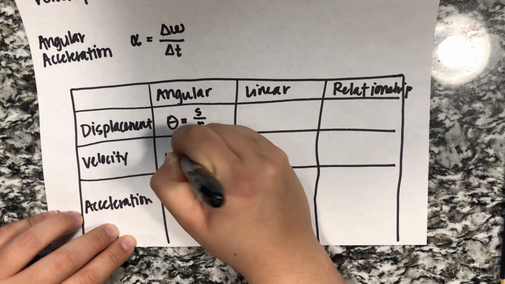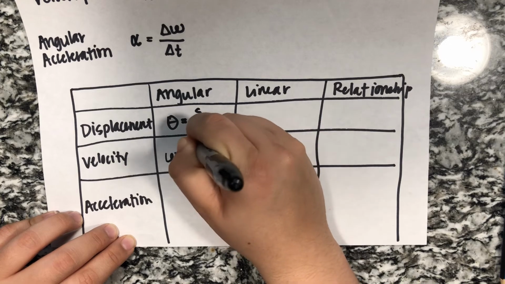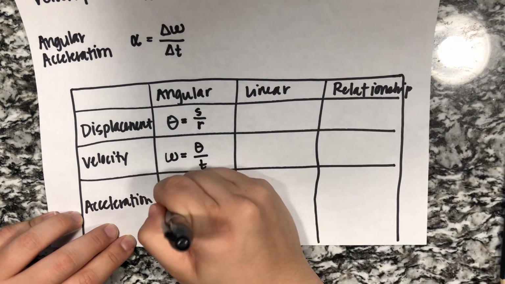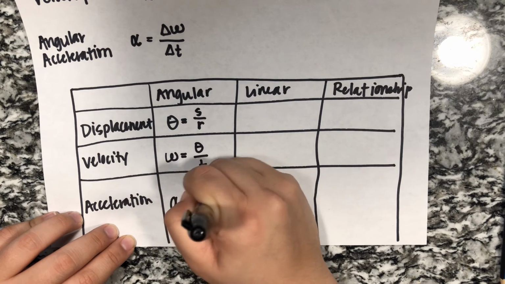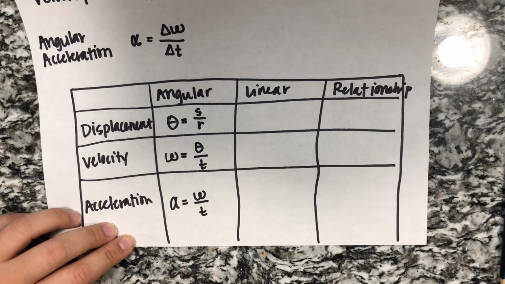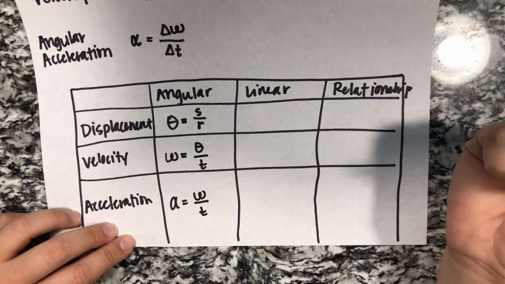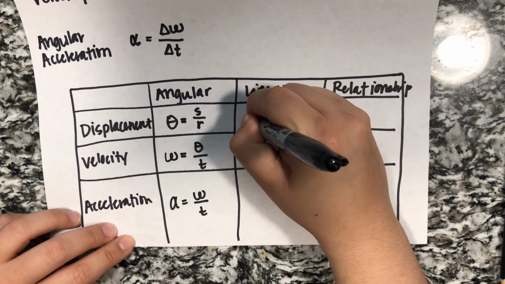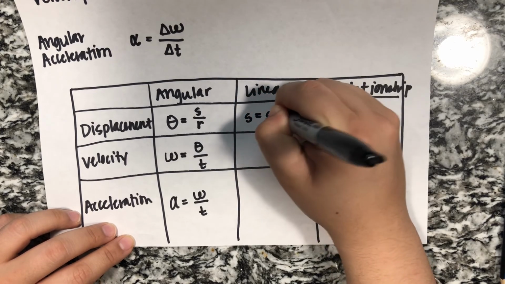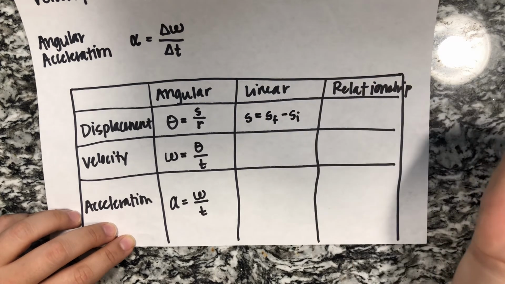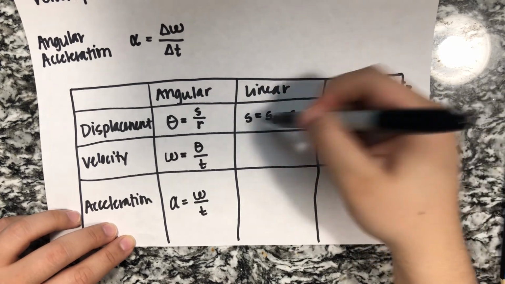We also know that omega is equal to theta over time, and alpha is equal to omega over time. You can put the deltas in front of them, it doesn't matter. I'm just going to simplify it and put them like this. The linear displacement is S, and that is equal to the final minus the initial, which we learned at the beginning, except however, this time we're using S's.